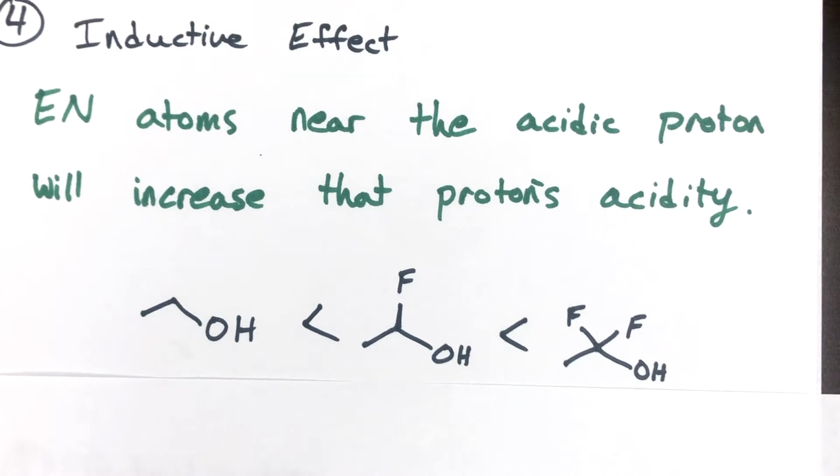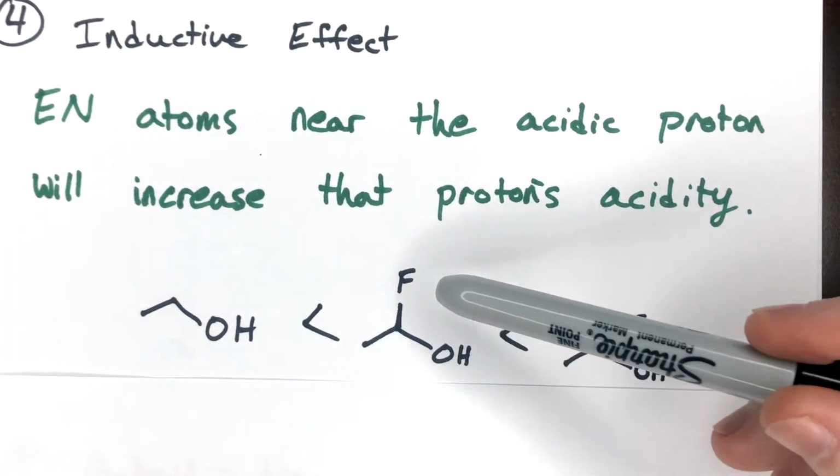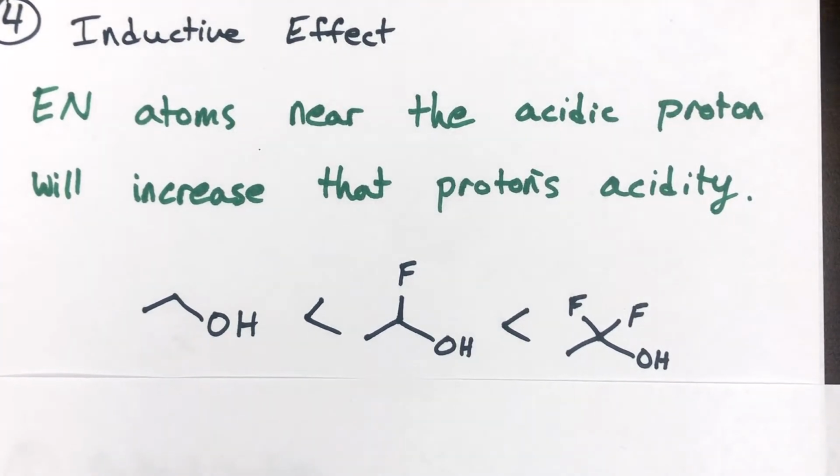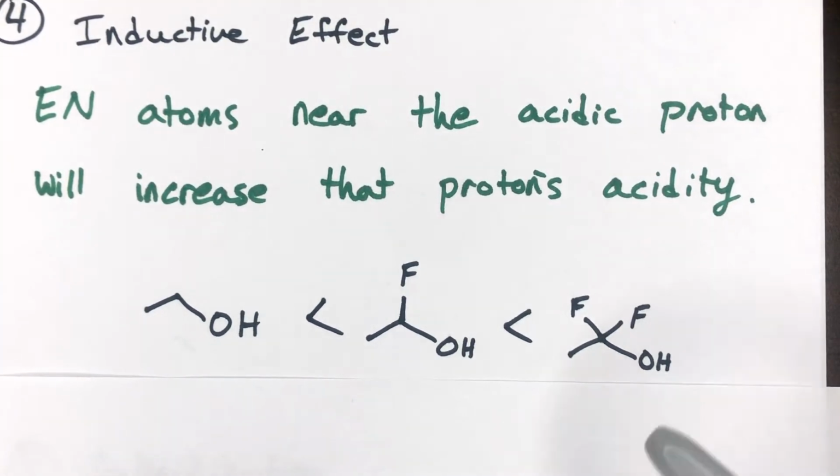But you can increase that acidity if you substitute the hydrogens at that carbon with the fluorine, and that fluorine will influence this proton such that it is more acidic. And the more of this electronegativity that you can add near the proton will further increase the acid strength, which is why this difluorinated species is even more acidic than just the monofluorinated.